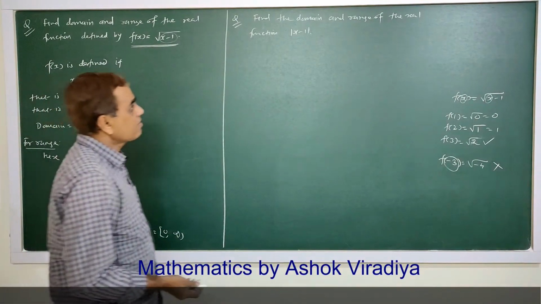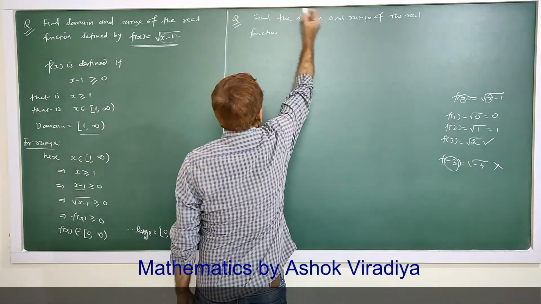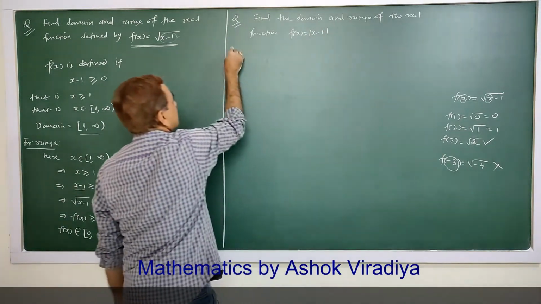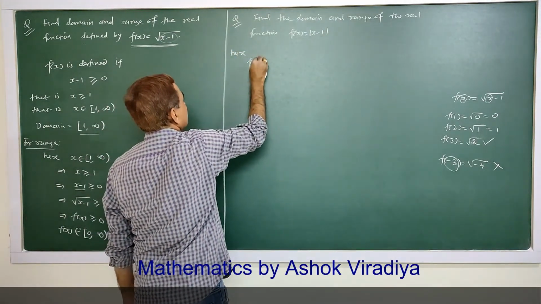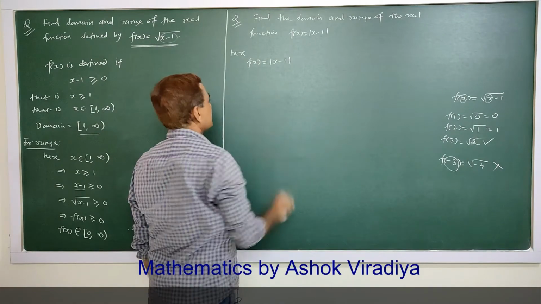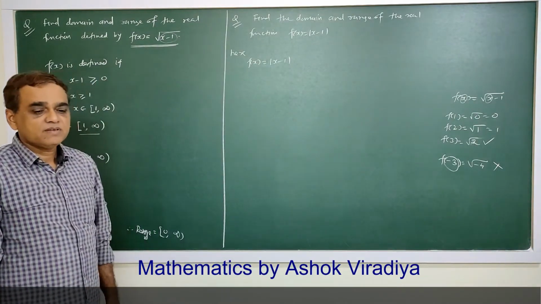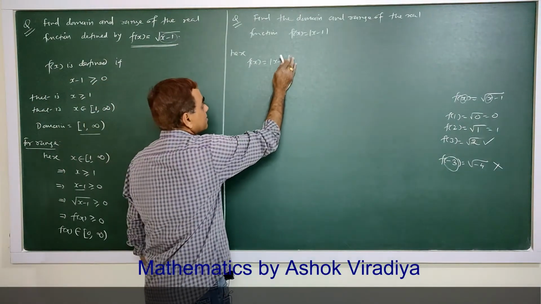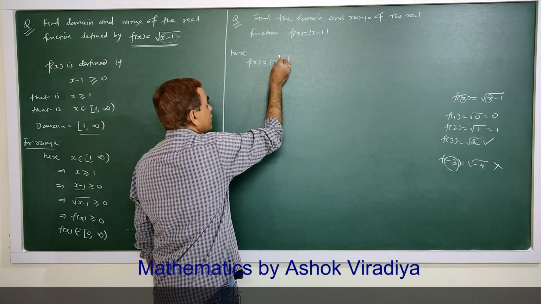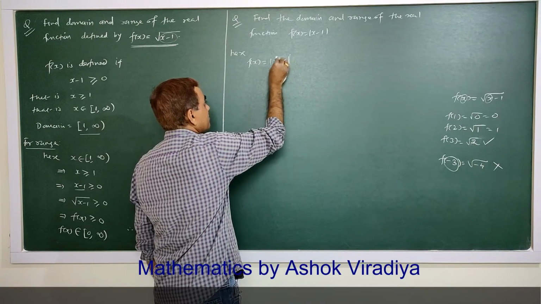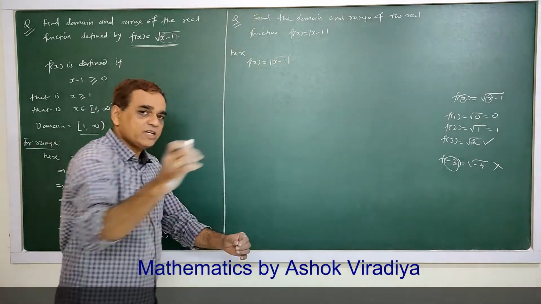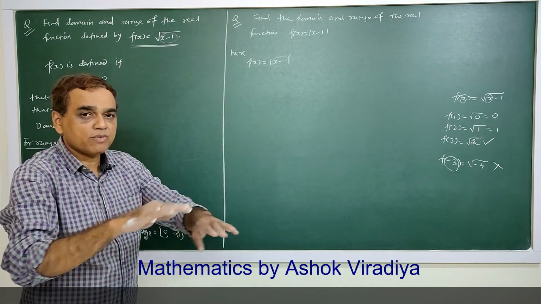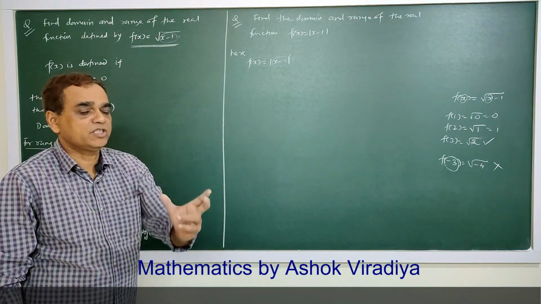Now here is a modulus function, f(x) equal to modulus of x minus 1. This function is given. We discussed the modulus function. In the modulus function, if the value is positive, negative, or 0, there is no problem in the case of the modulus machine.